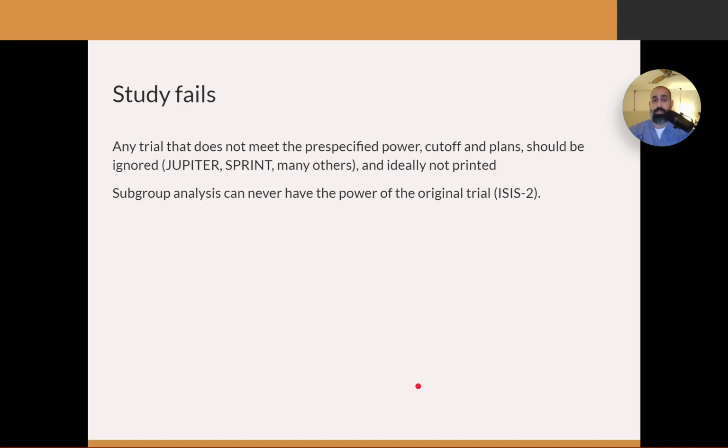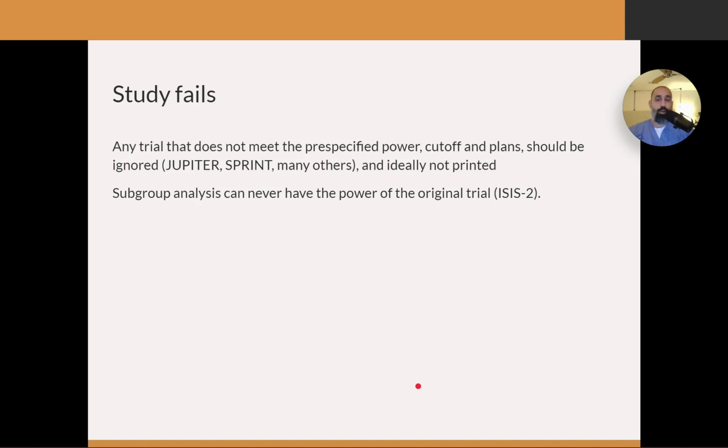Jupiter, Sprint, all these studies, frankly, in my opinion, should not have even been allowed to be printed because they are complete bullshit. They were stopped early, and it's like flipping a coin, seeing that you get 8 heads in a row and saying, oh no, okay, we're not going to flip it anymore because we got the answer we wanted. We're not going to take the chance that the next 8 flips will be tails and we'll get back to a 50% probability.